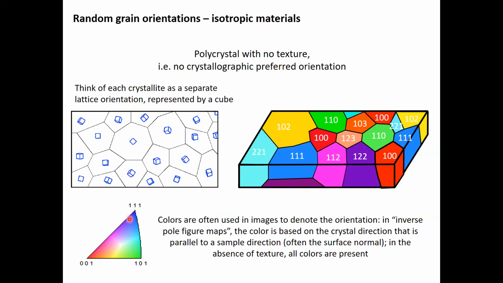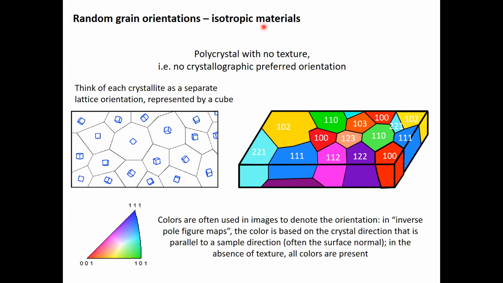So this pole figure and these colors are used to define these different grain orientations. The more distribution you have in this RGB spectrum, the more randomly oriented the different grains are. What that ends up meaning is that on a larger macroscopic scale, the material is isotropic.